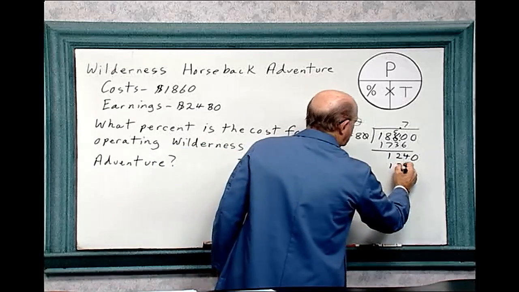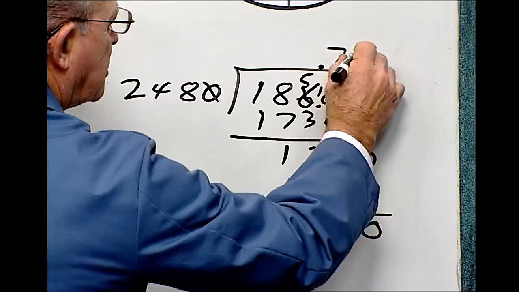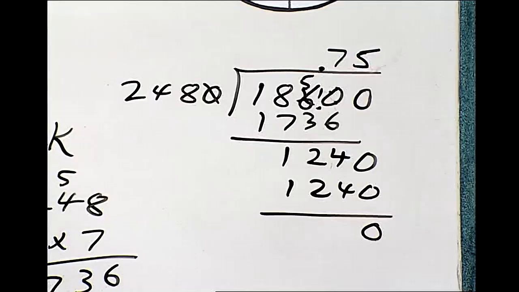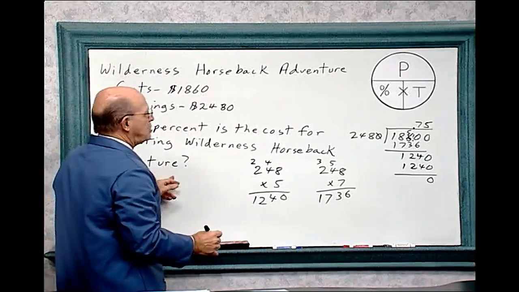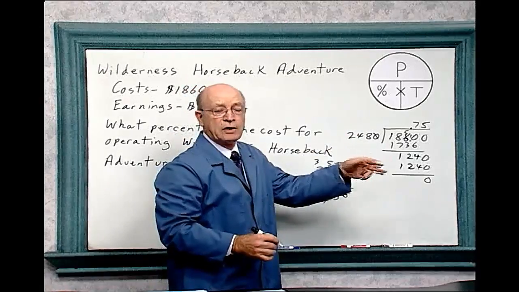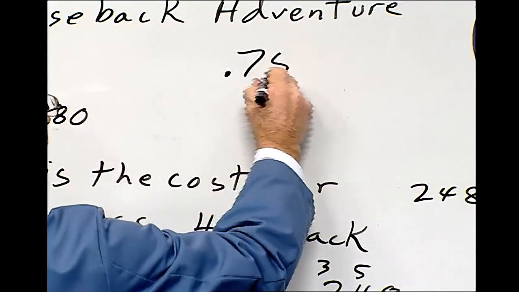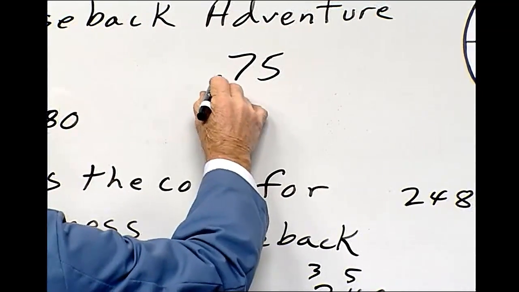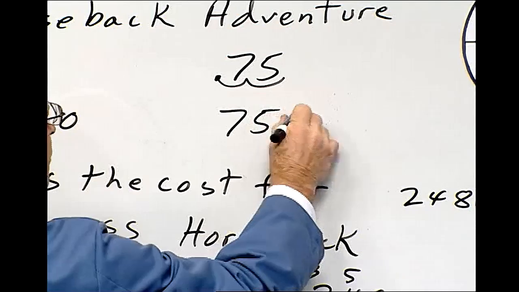So that's 1240. That makes this 0. And this is 5. So what percent is the cost for operating Wilderness Horseback Adventure? 0.75, and all we have to do is move the decimal point 2 places to get the percentage, and it'd be 75%.